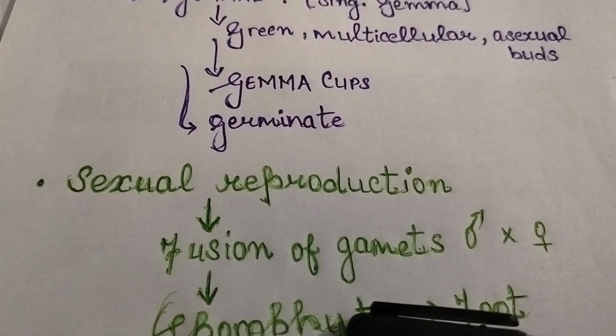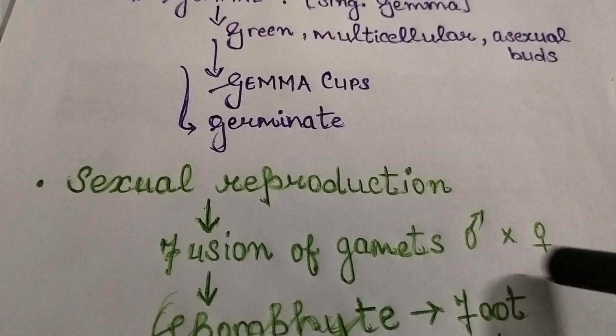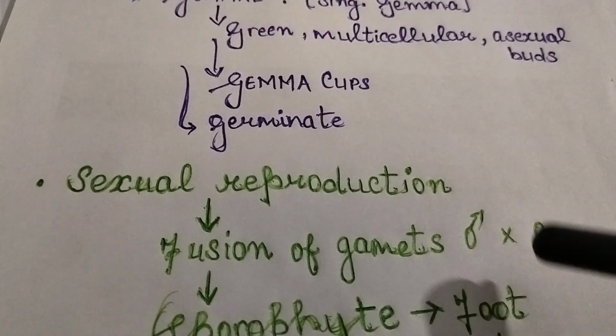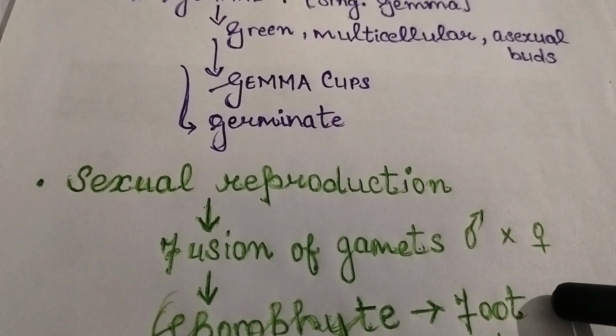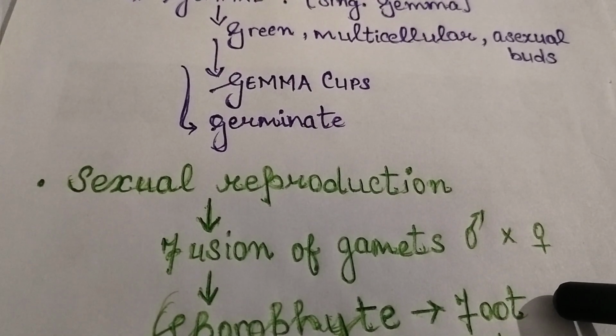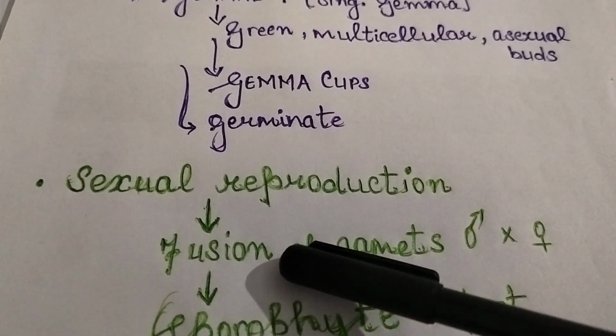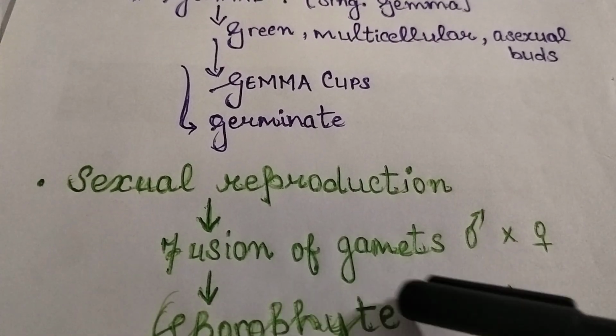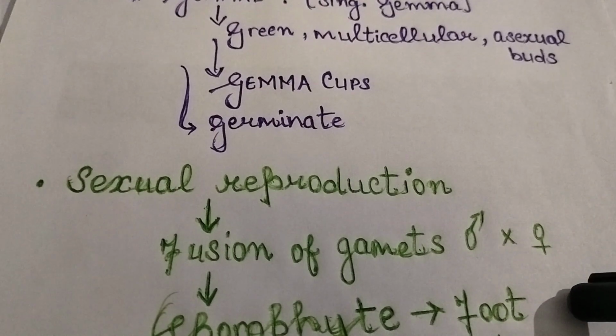So these sex organs may be produced either on the same thallus or on different thalli.